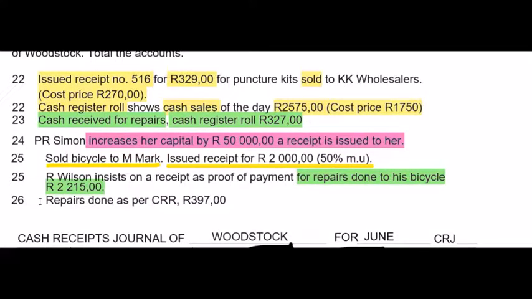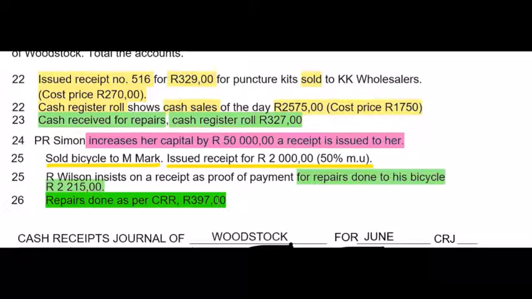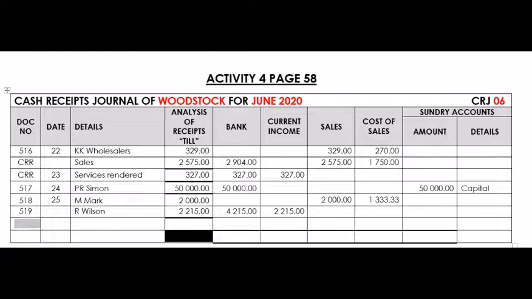Lastly, on the 26th, repairs done as per CRR, 397 Rand. Okay, so we repaired a bicycle, we rendered a service. The document is CRR. So you write it in the document column. The date is the 26th.